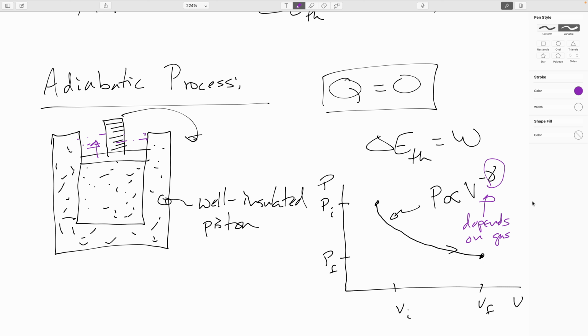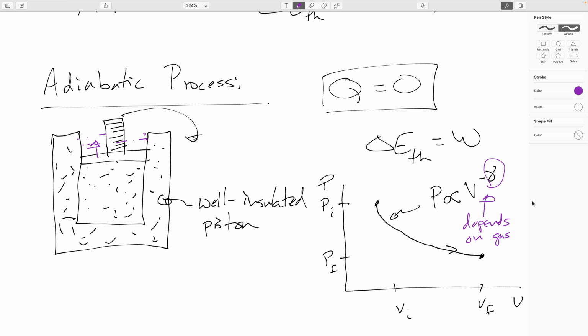So the pressure in an adiabatic process falls off as the inverse 5/3 power of volume, or some other possible powers that we'll get to later, as opposed to an isothermal process that falls off as 1 over the volume.